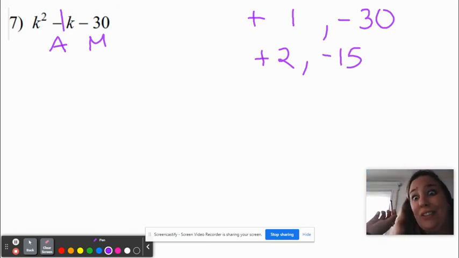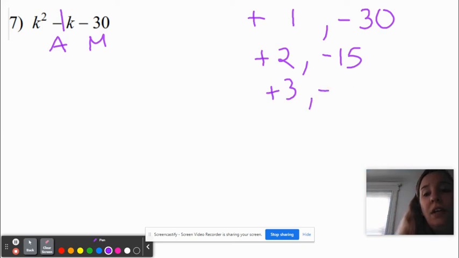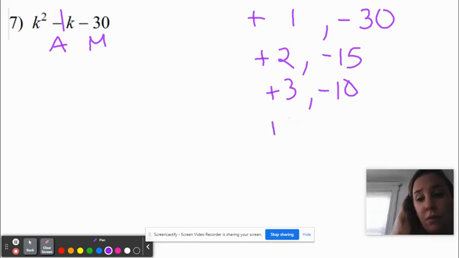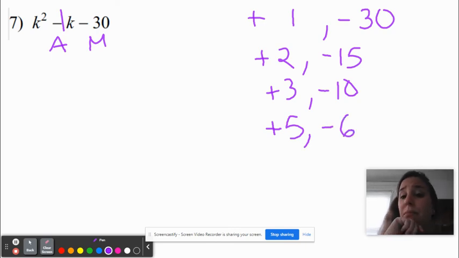That adds to negative 13. Getting closer, but still not going to do it. How about a positive 3 and a negative 10? That adds to negative 7. 4 does not work. 5 works. Exactly 6 times, right? 5 times negative 6 is negative 30.